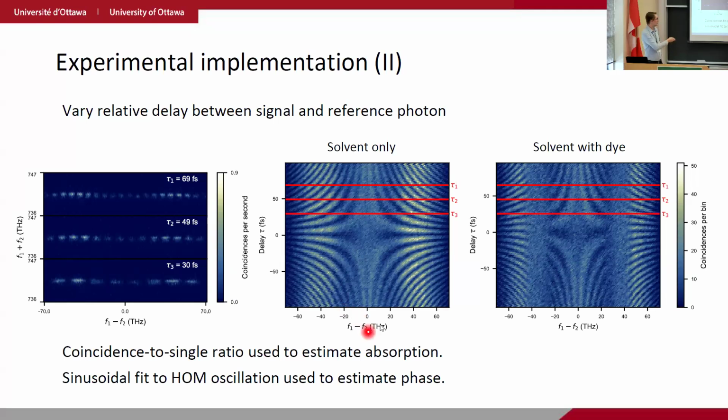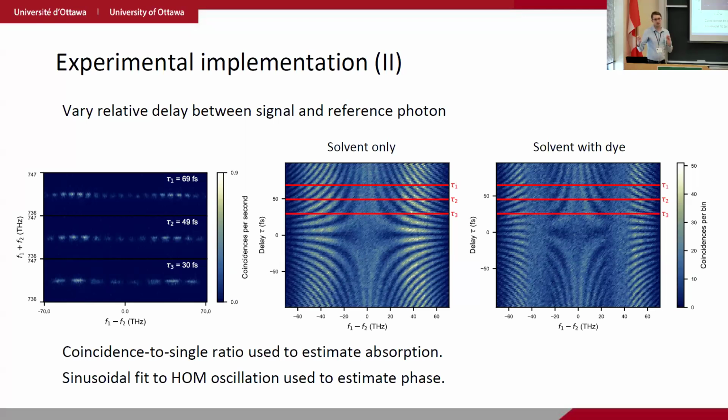You can see that there's a band here about a quarter of the way over from the center that has a decreased intensity when we add this dye. There's also a symmetric band on the other side that has the same decrease in intensity. That's because after the beam splitter, we've erased this path distinguishability.